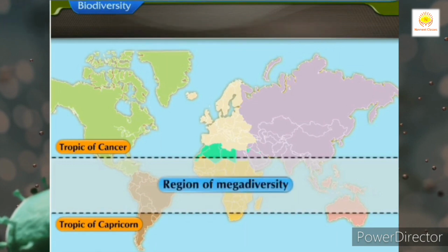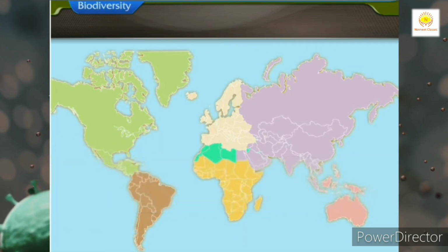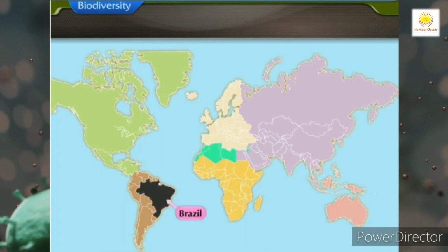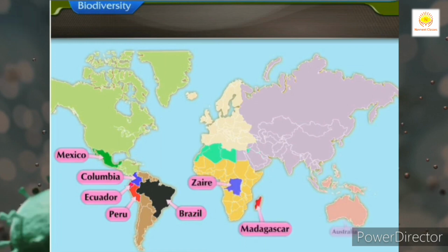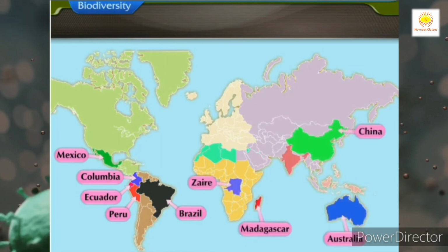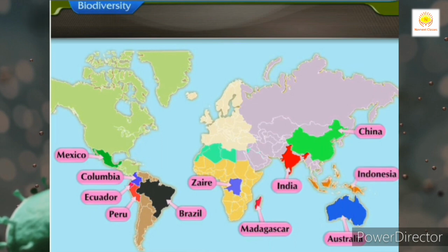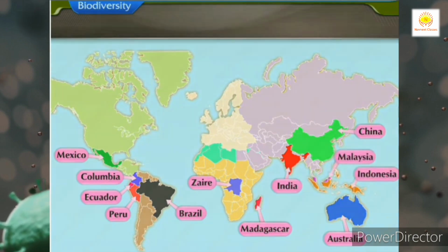This is called the region of megadiversity. Of the biodiversity of the planet, more than half is concentrated in a few countries like Brazil, Colombia, Ecuador, Peru, Mexico, Zaire, Madagascar, Australia, China, India, Indonesia, and Malaysia.